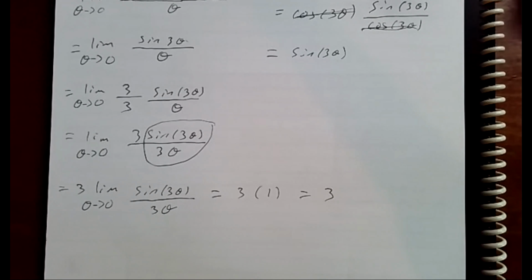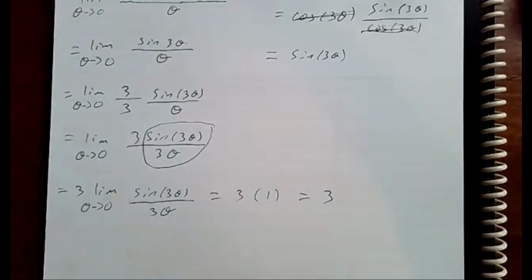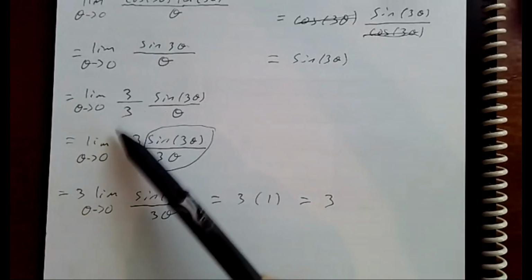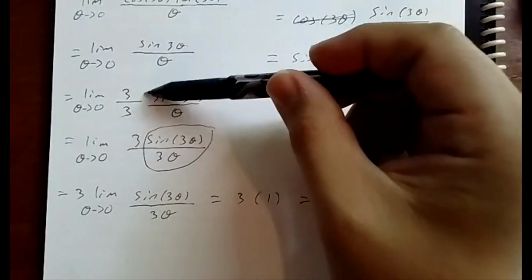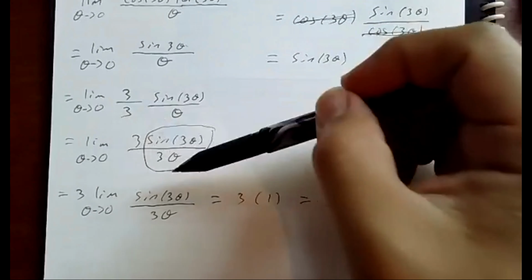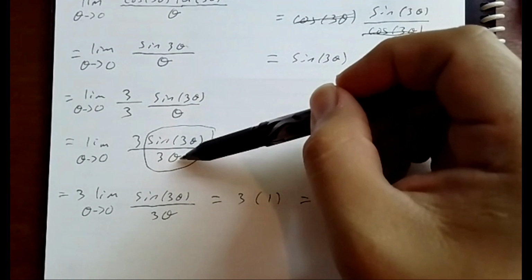Where'd you pull the 3 from? With 3 sine? So you saw how I introduced the 3, right? Kind of where I got lost. So remember how we said you can multiply top and bottom by whatever you like. I chose 3 in order to force the argument of sine to match the denominator.